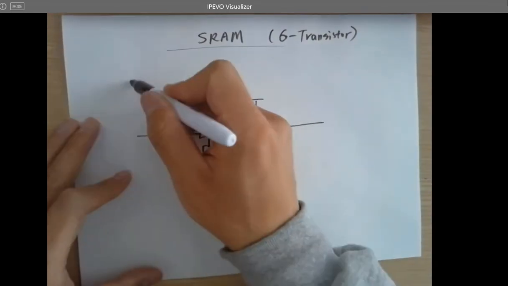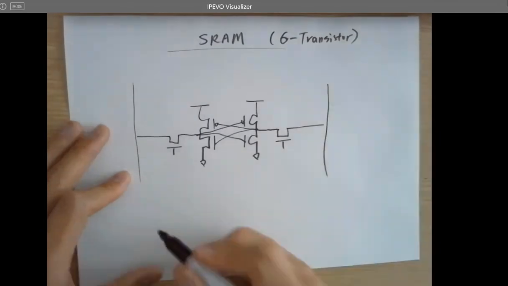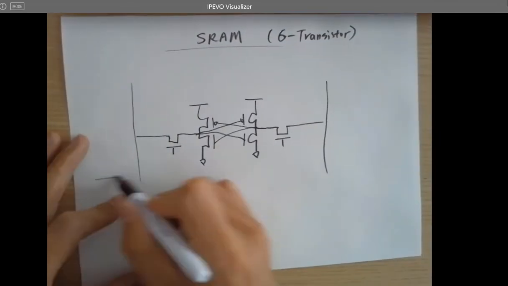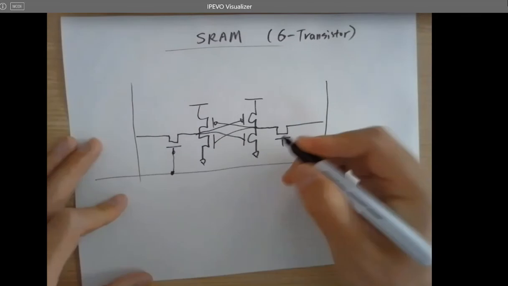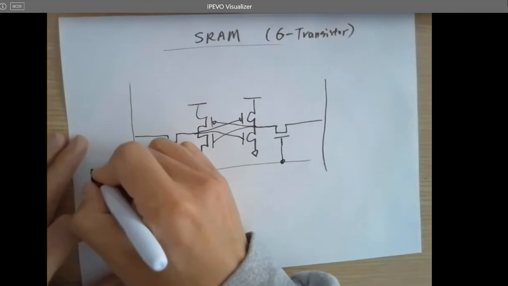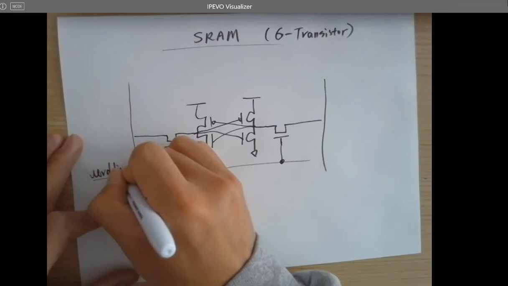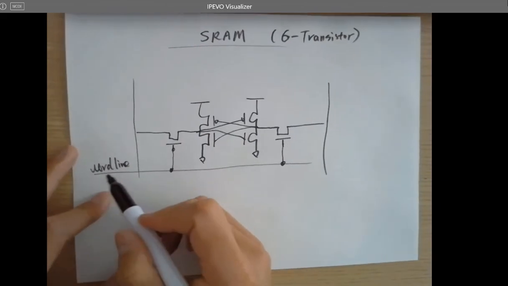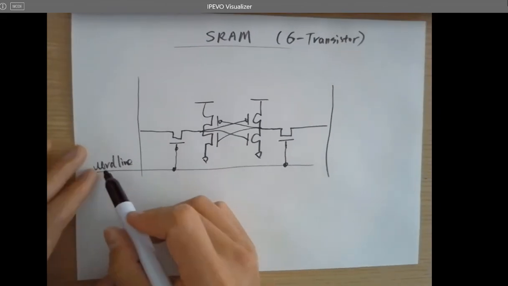That's a word line, that's a bit line. That's a row selector, and you can connect the decoder to it, so you can select this line.